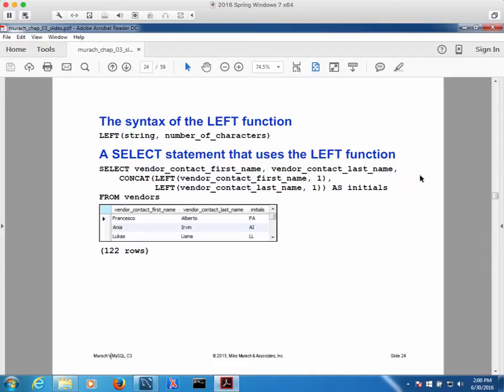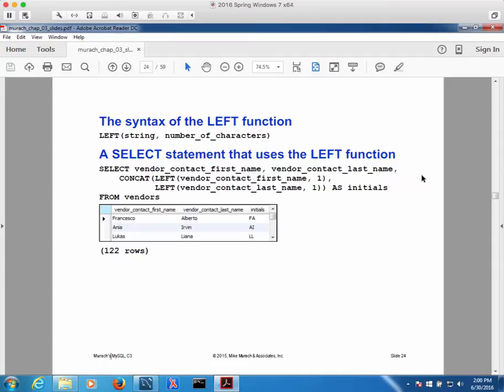The first argument or parameter that it gets is a string of some kind. It could be the name of a column, some literal string, or some expression that's a combination of columns, whatever. It has to be something that in the end turns out to be a character string. And the number of characters is the number that we want.